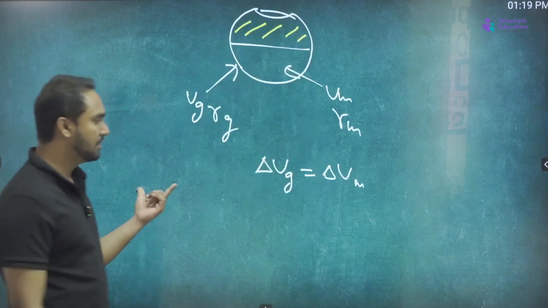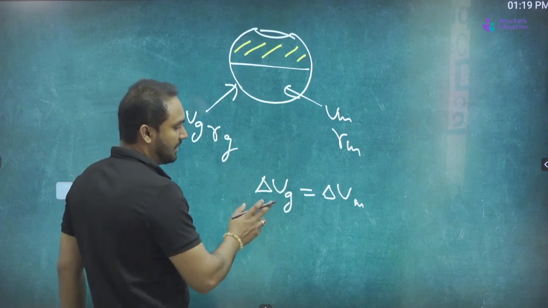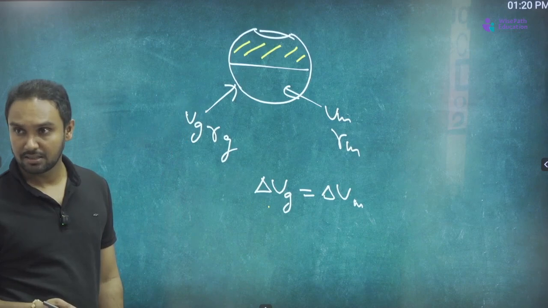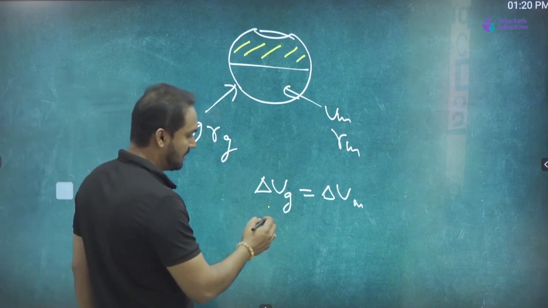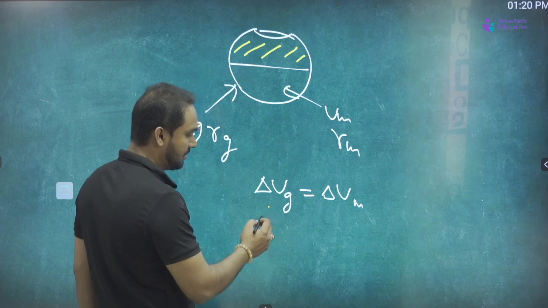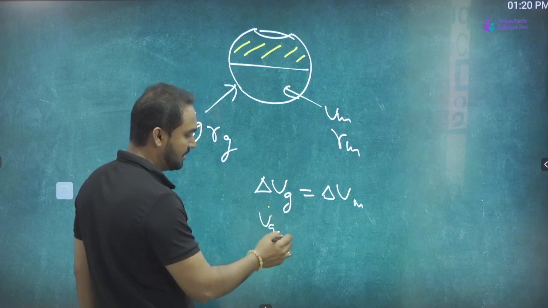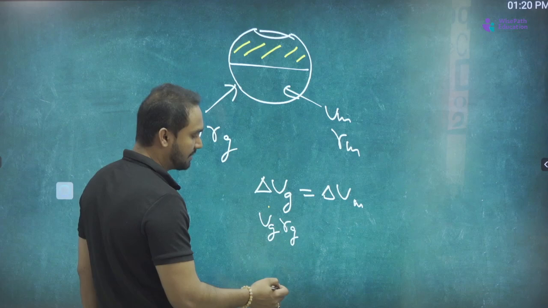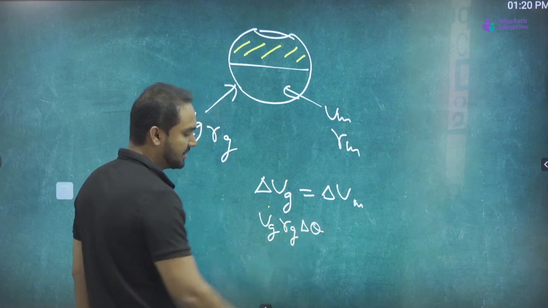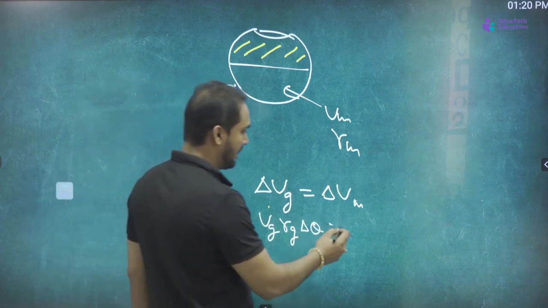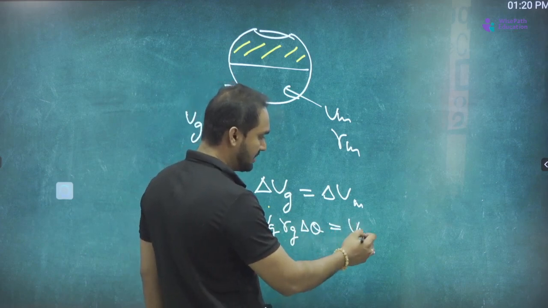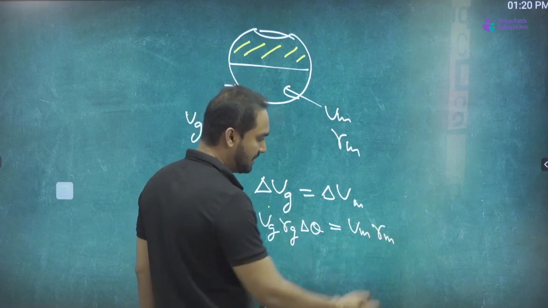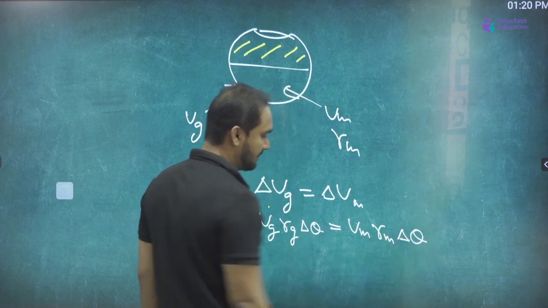So apply the values to this. Delta v is v naught gamma delta theta, isn't it? So for glass it's Vg, the initial volume, and gamma g is the volume expansivity, delta theta is the temperature difference. And of mercury, Vm is the initial volume, gamma m is the volume expansivity, delta theta is the temperature difference.